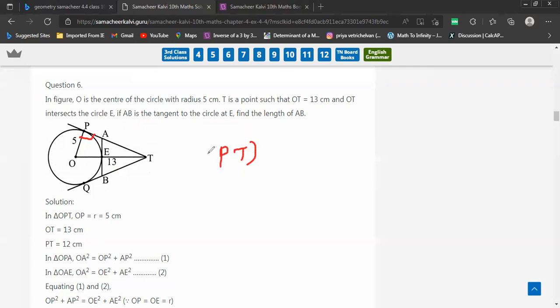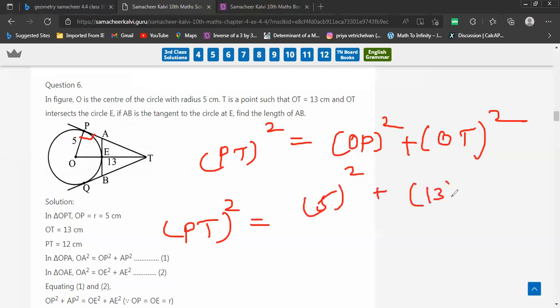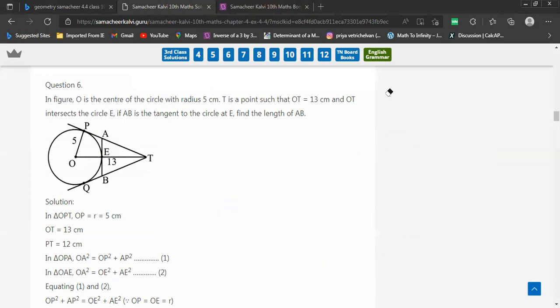So you can write PT the whole square is equal to OP square plus OT square. So PT square is equal to 5 square and 13 square. So it's going to be 25 plus 169, which is 140. Oh, I'm sorry. It's my bad.